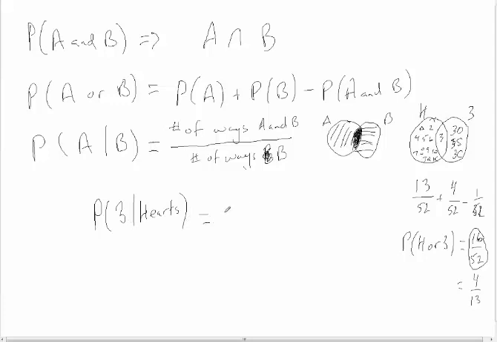Well, that's the number of ways to get the 3 of hearts over the number of ways to get hearts. So that's just 1 out of 13.